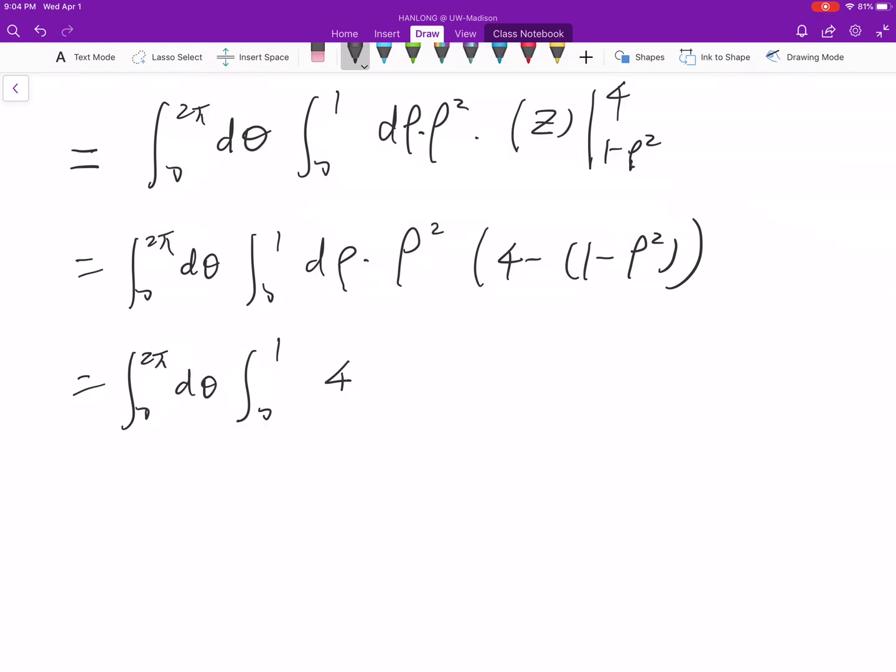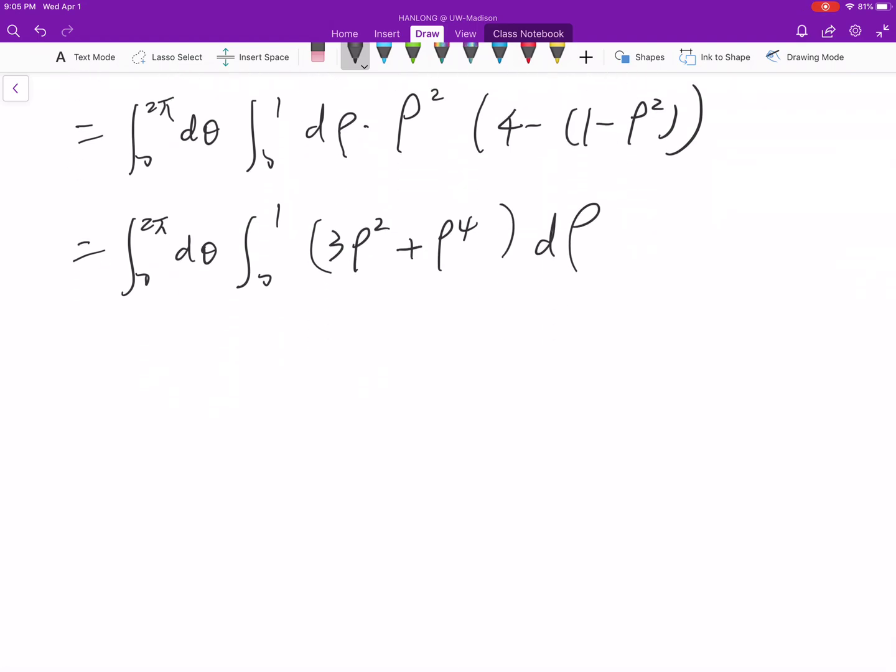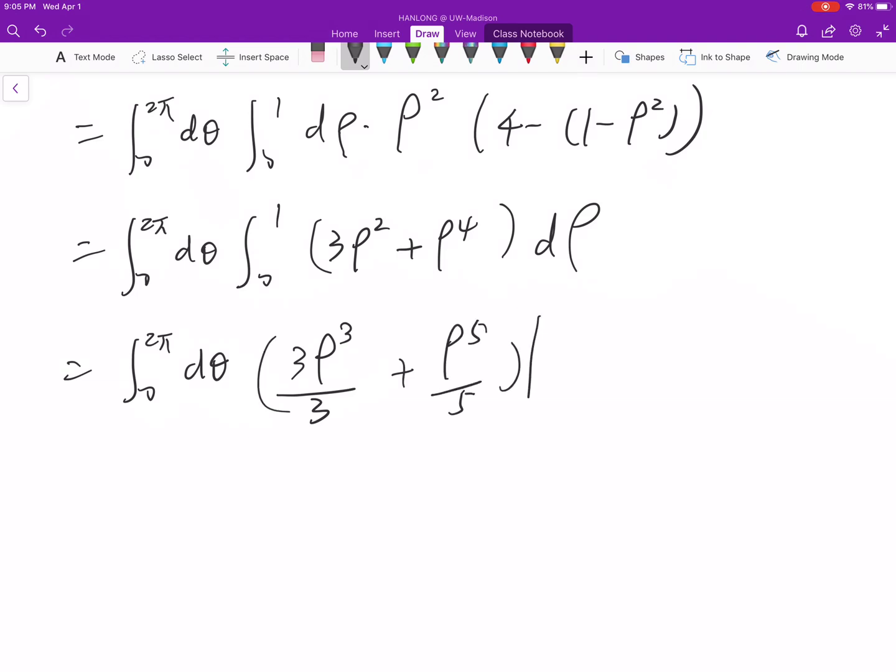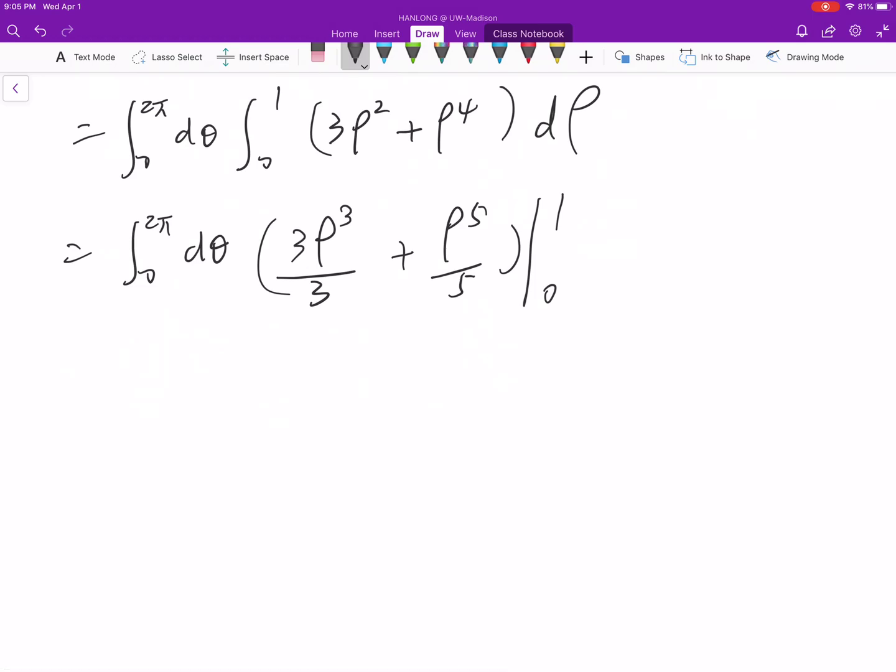So outside you have rho squared times 3 plus rho squared, so 3 rho squared plus rho to the 4th d rho, and then 0 to 2 pi d theta. Then 3 rho cubed over 3 plus rho to the 5th over 5, evaluated from 0 to 1, and then you have 1 plus 1/5 times 2 pi, so 12 pi over 5.